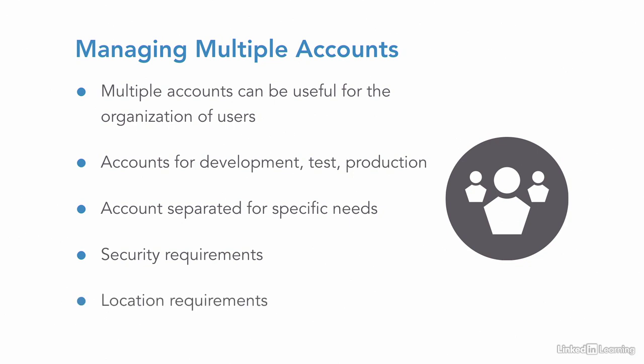Now we're talking about multiple IAM accounts. We also may have multiple AWS accounts. What we're talking about here is multiple IAM accounts within a single AWS account. So we can create users and groups much like we would do on-prem to manage our resources at AWS the way we want to.